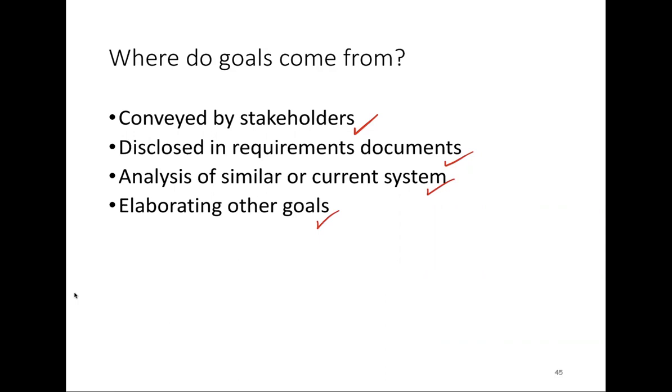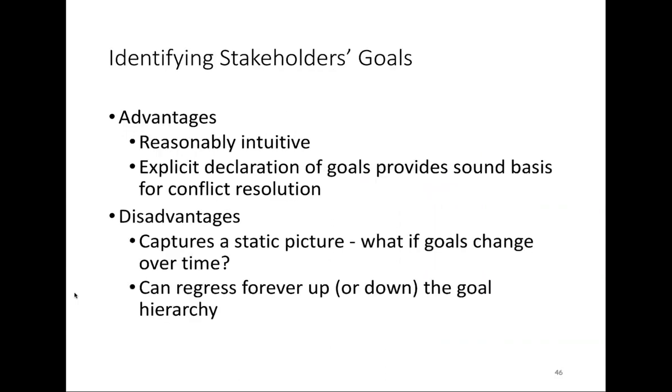So when it's important to model the requirements into goals and build a goal model, it is really good because it is reasonable and intuitive. It provides explicit declaration of goals in a way that helps in identifying a sound basis of conflict resolution later on.